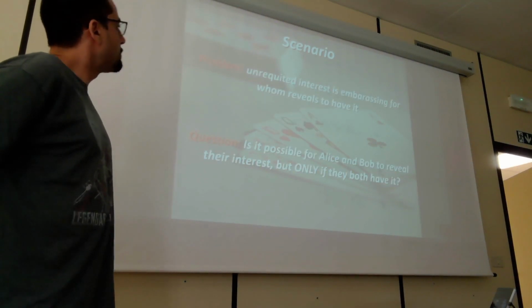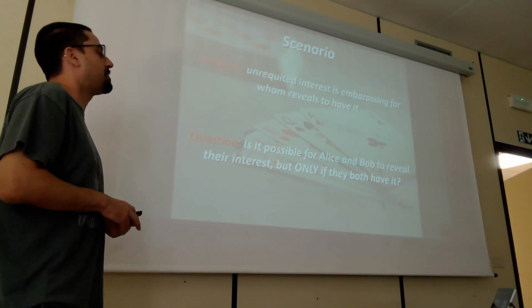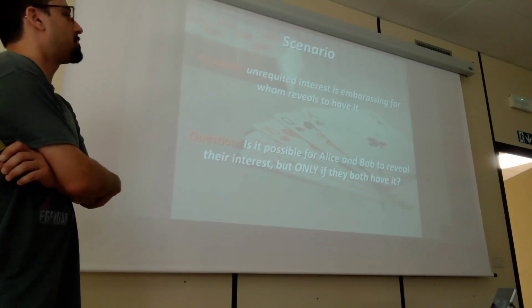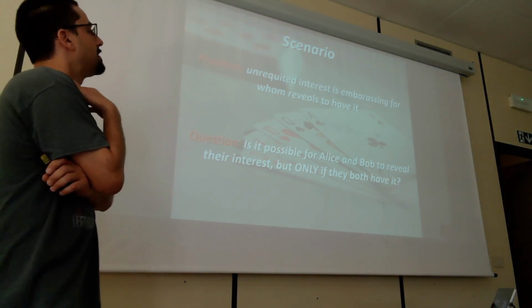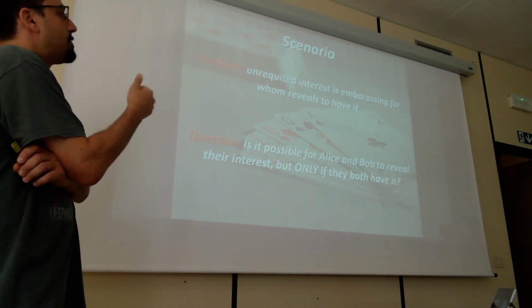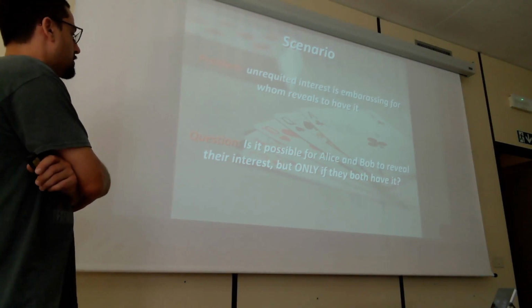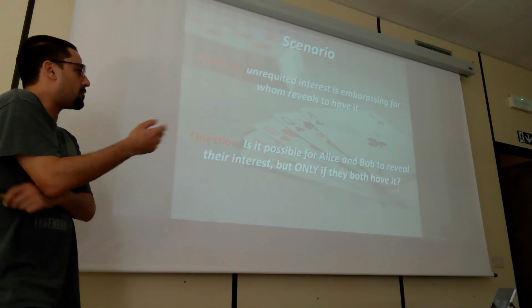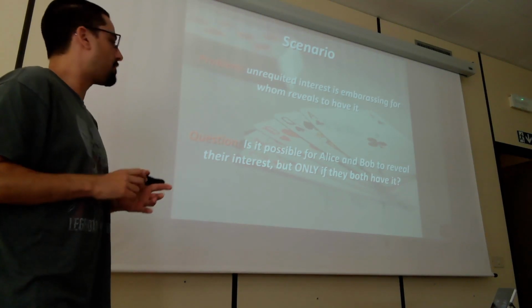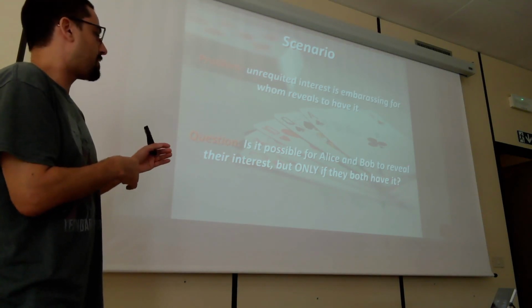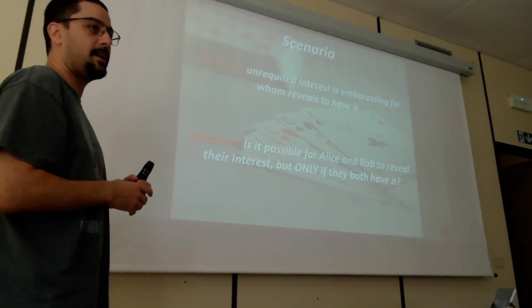So the problem is that if we have an interest that is unrequited, so only one of the two persons has it and the other doesn't, this is embarrassing for the party who reveals to have this interest. So the question is whether it is possible to find a protocol such that Alice and Bob reveal their interest, but only if both of them have this interest.